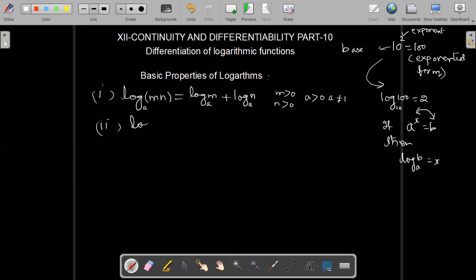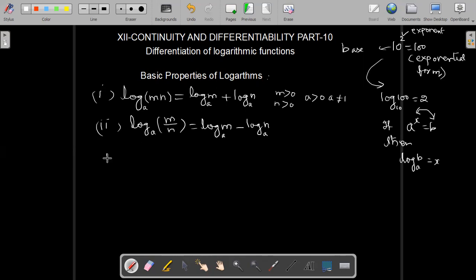If it is in division, m upon n, then it will become log m to the base a minus log n to the base a. Whenever we are dealing with numbers, the base is generally 10. When we are dealing with x, y, z, the base is exponential e.